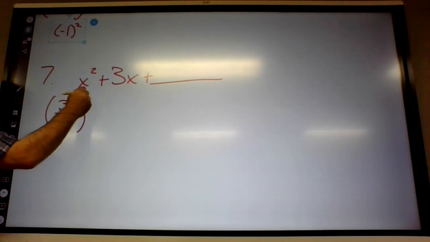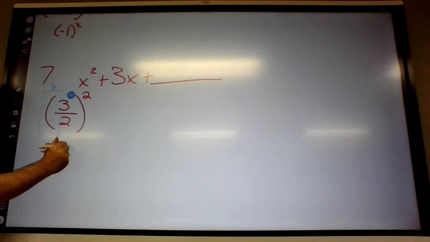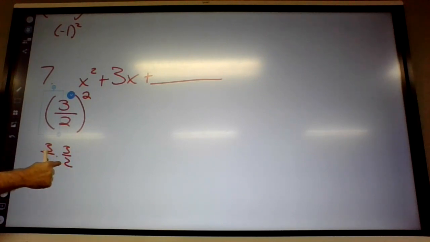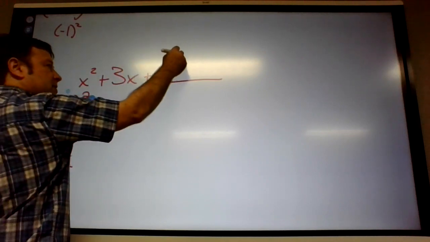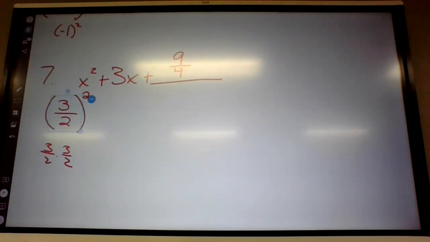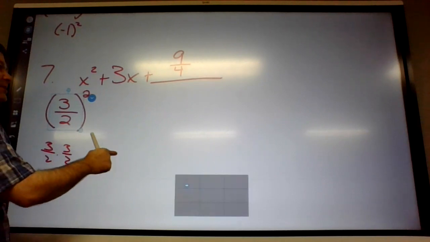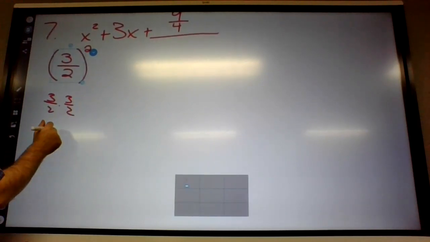When you square a fraction, it's 3 over 2 times 3 over 2. Basically, it's just 3 squared over 2 squared. So 3 times 3 is 9, 2 times 2 is 4. So it's 9/4. As a decimal, that'd be like 2.25. It's just messier as decimals, so we just leave it as a fraction.